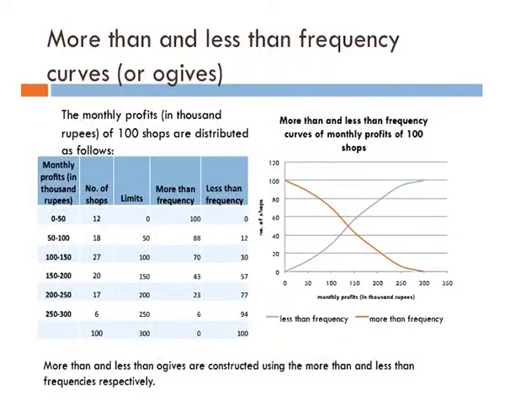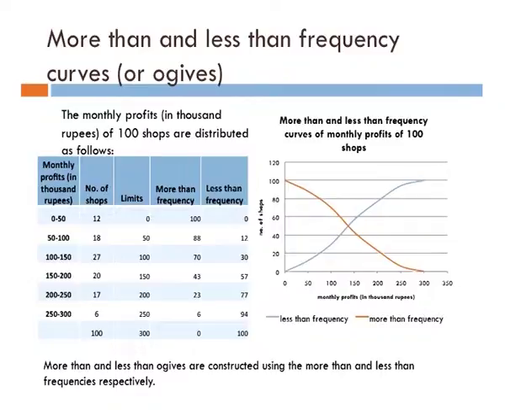Similarly, we plot the cumulative frequencies of more than type, and these cumulative frequencies are plotted against the lower limit of the classes. Our first class starts from 0 to 50, so the lower limit is 0. Against 0 we plot the cumulative frequency mentioned in this row, that is 100.